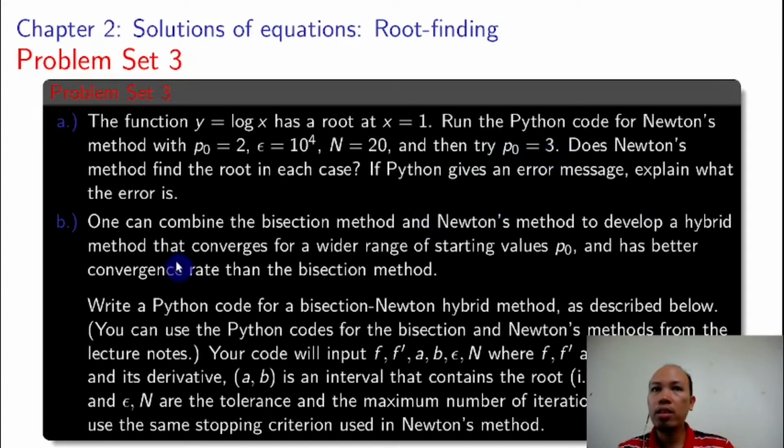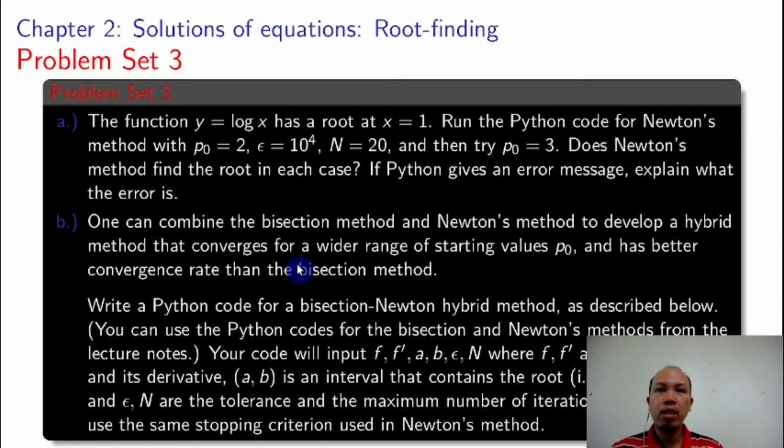The question is, does Newton's method find the root in each case? So meaning, if you are using the initial guess 2 and 3, Python gives an error, explain what the error is. Okay, so that's for letter A.